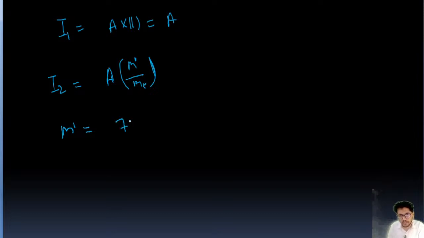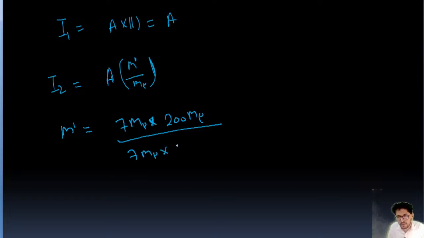So this is going to be 7 Mp into the muon mass, which is 200 Me, upon 7 Mp plus 200 Me.